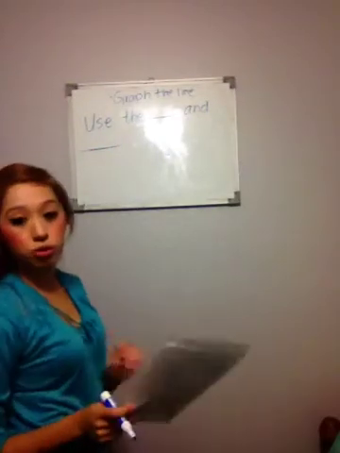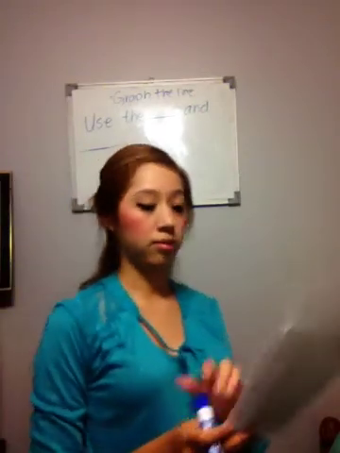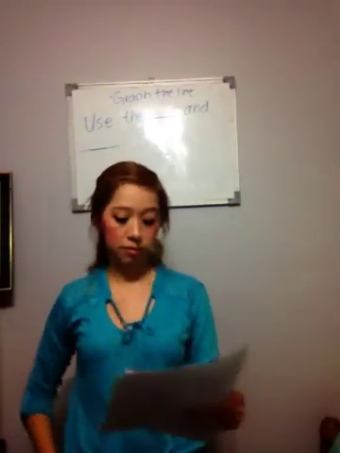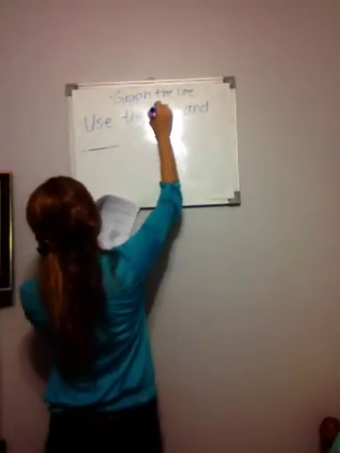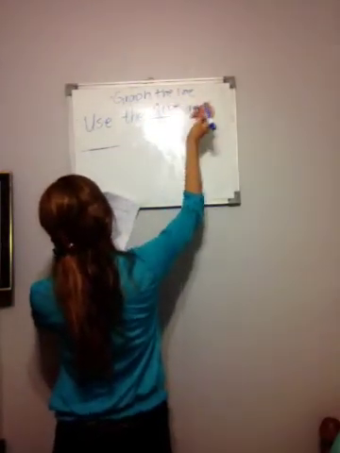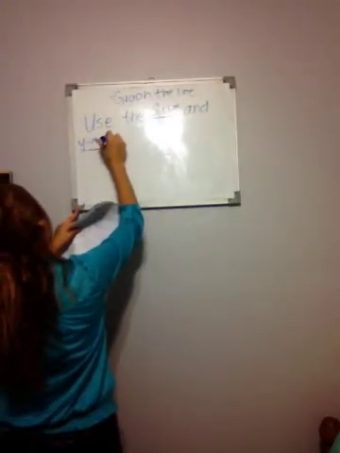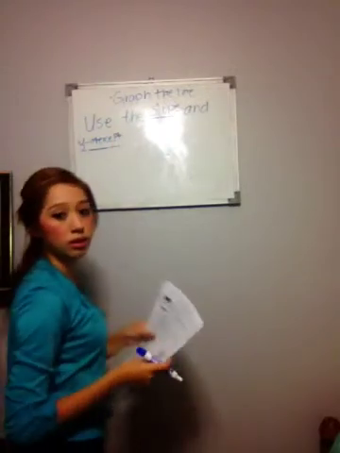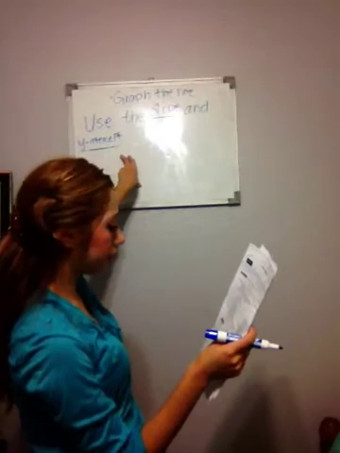What must you use to graph a line? Can anybody tell me? That's very good. You use the slope and the y-intercept. So you put slope and y-intercept. There you go. Those are the two things you use to graph a line.